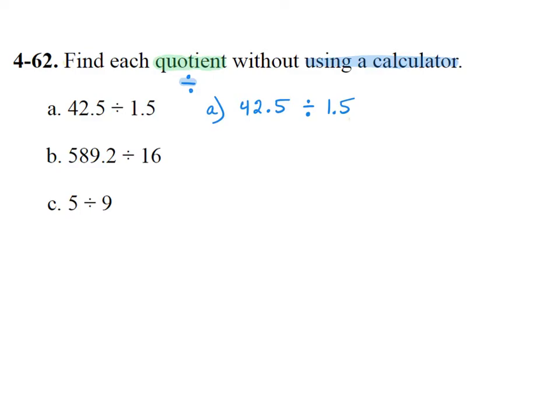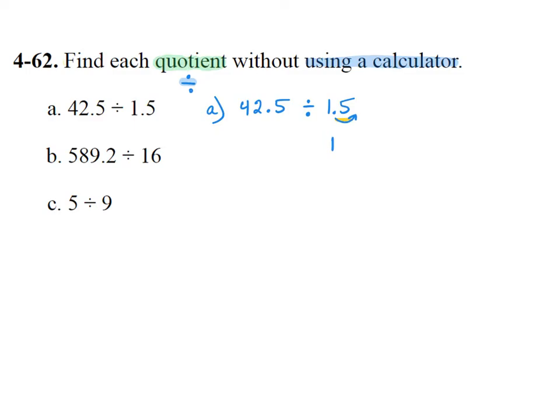Looking at the divisor, we have a decimal and we're not allowed to have that when we do a long division. So we're going to change it to a whole number. A short way of saying it is we need to have 15, not 1.5. It almost looks like we're moving the decimal one place to the right, but really it is multiplying by 10, and I'll show you in a moment what I mean.